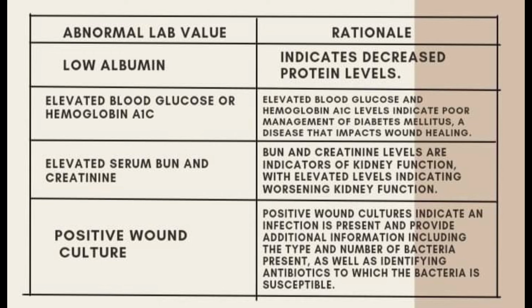Next is the elevated serum BUN and creatinine. High BUN, or blood urea nitrogen, ratios occur with sudden, acute kidney problems which may be caused by shock or severe dehydration.